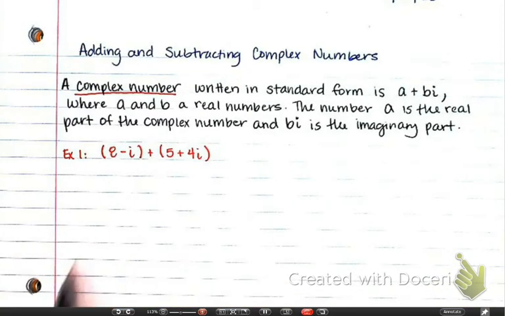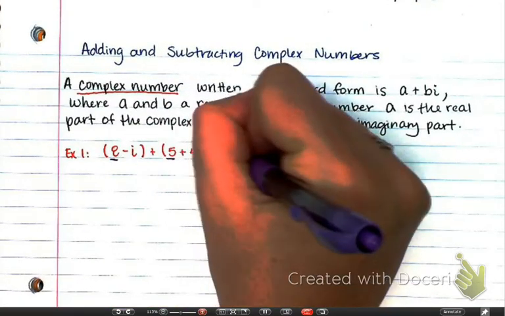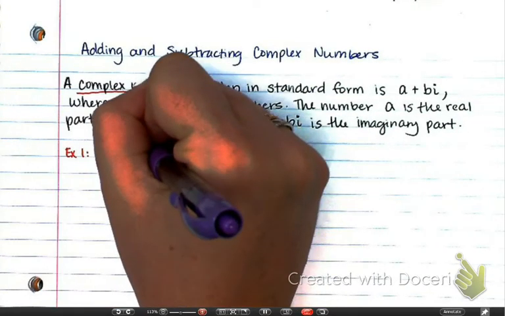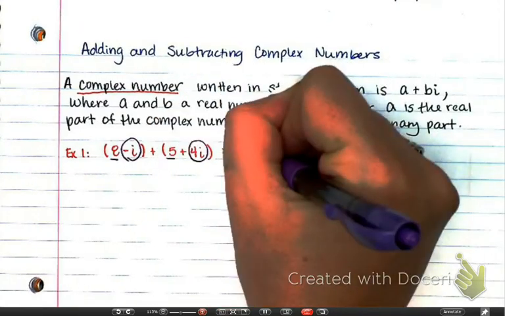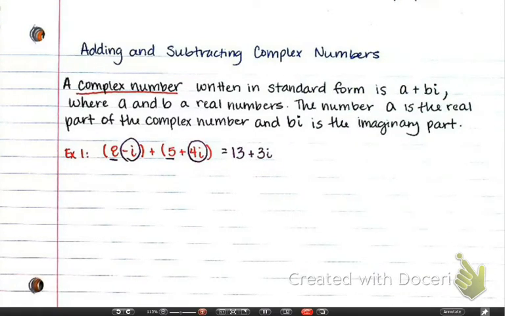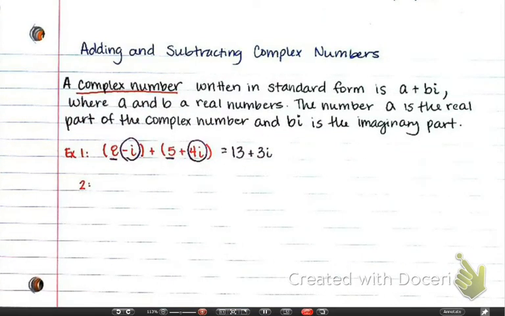What would be my like terms? 8 and 5. 8 plus 5 is 13. And then my i's are the other parts, right? Negative 1i plus 4i is 3i. That's it. Is it getting complicated now? No, it's not.